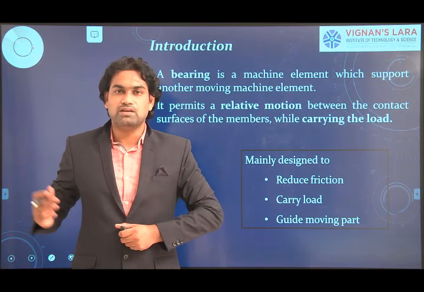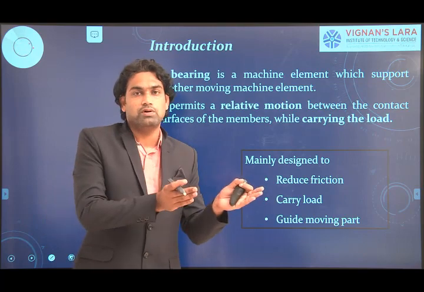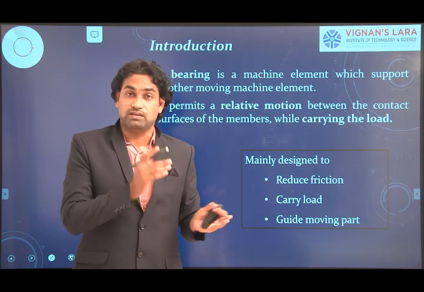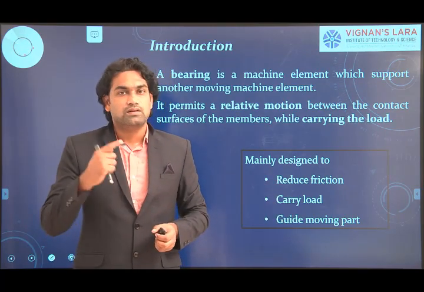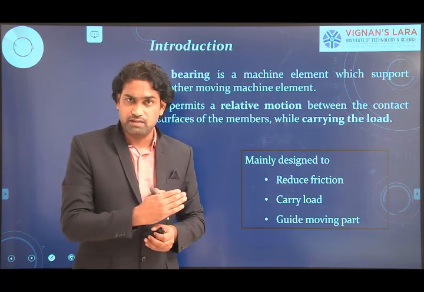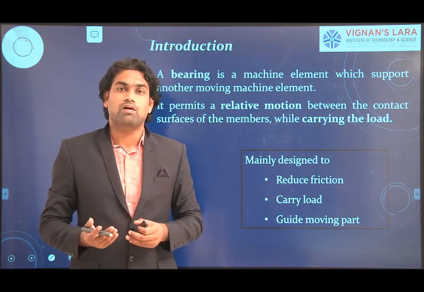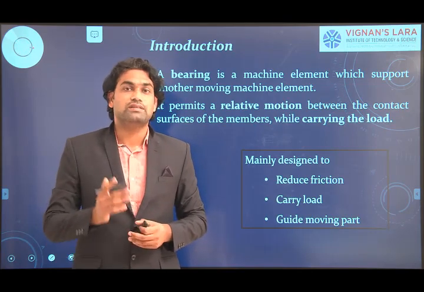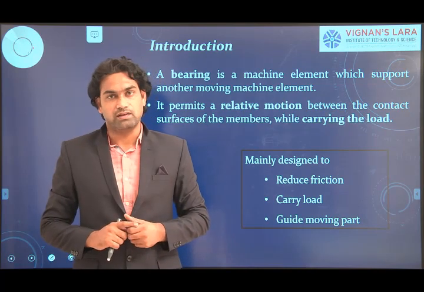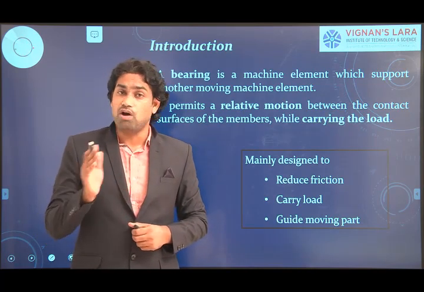So that is how bearings are defined. That other component has relative motion, either sliding motion or rotary motion. We support that component with the additional load acting on it. And at the same time, bearings should not restrict the motion.